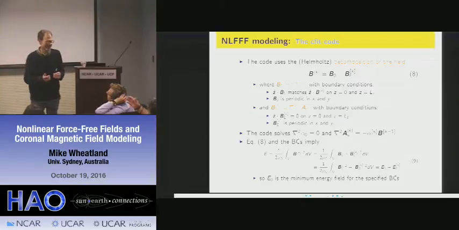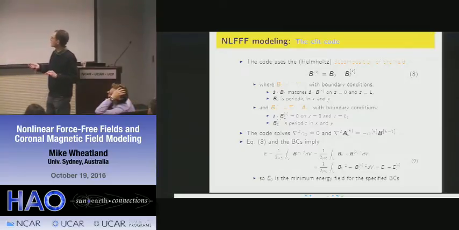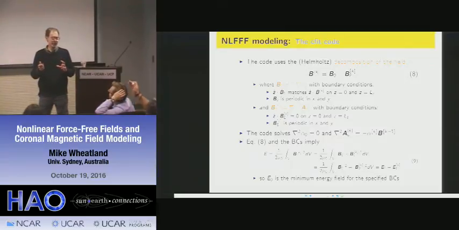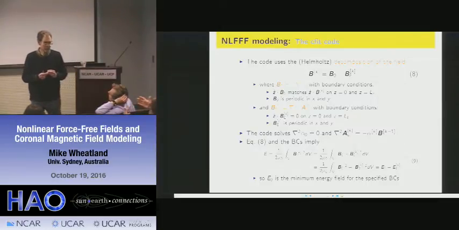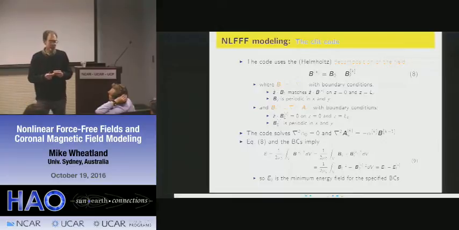No, I'm asking about the values at z equals 0 and at the top and then at the bottom. My question is, do these boundary conditions come because you don't have these values in the observations? Yes, that's right.